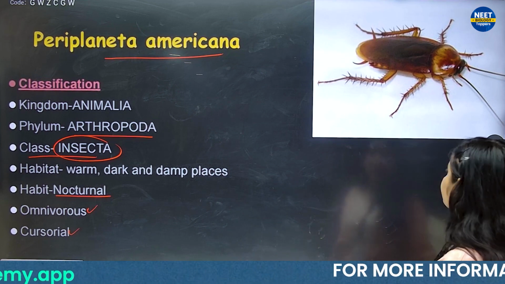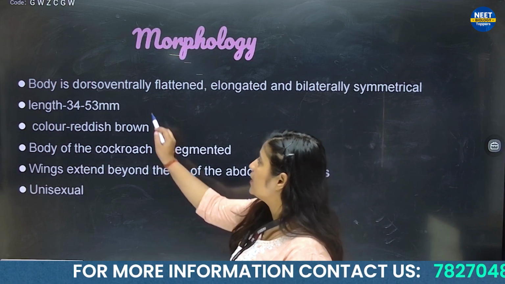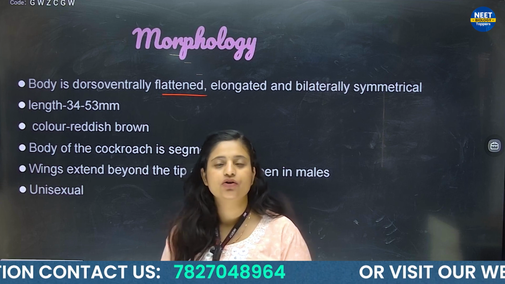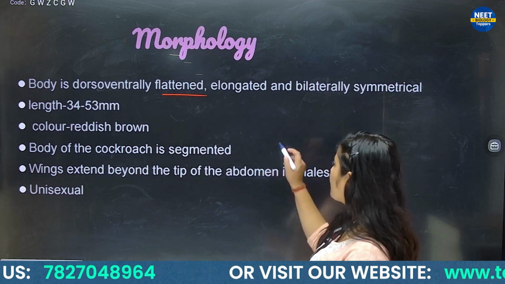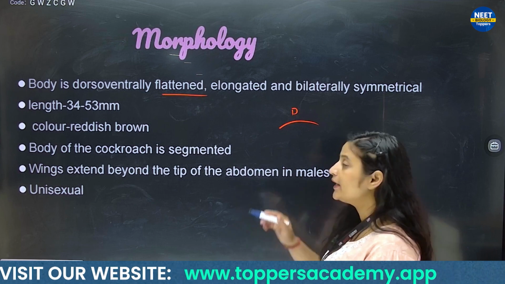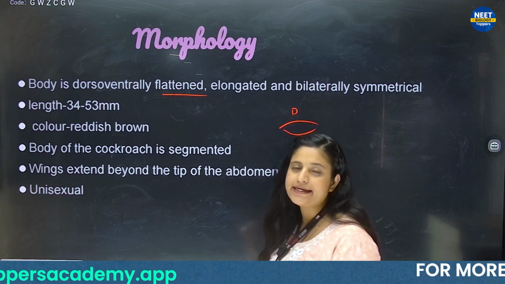Next we have the morphology. The body of the cockroach is dorso-ventrally flattened. Dorso-ventrally flattened means, suppose this is the dorsal side of the cockroach body, the posterior side, and this is the ventral side of the cockroach body, the inferior side.